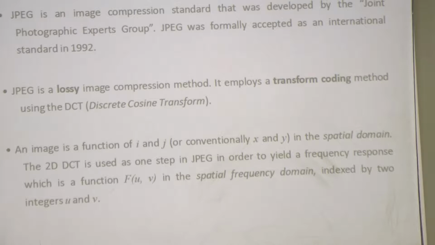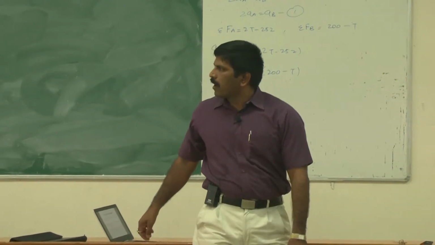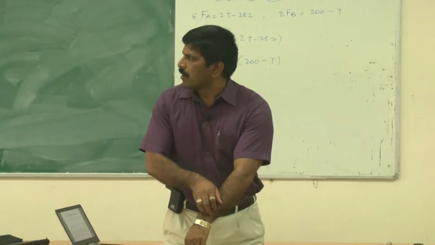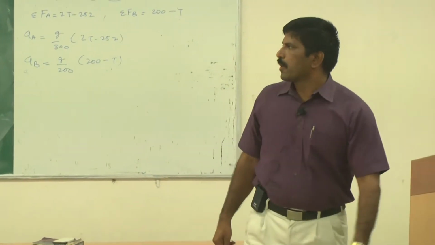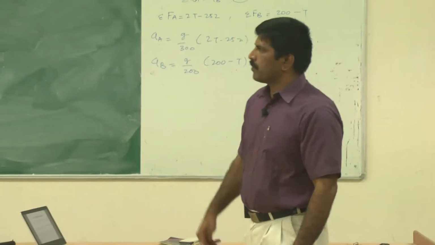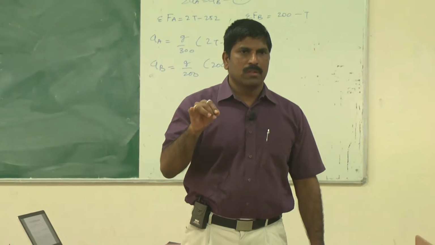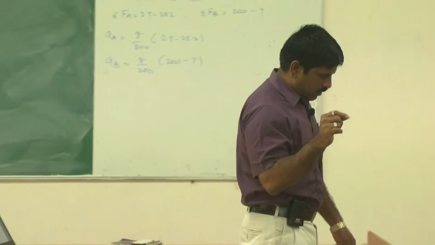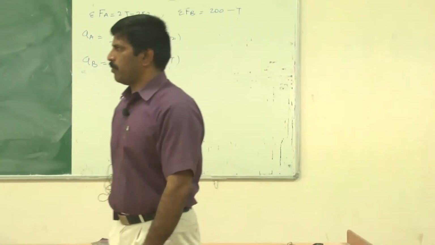It employs a transform coding method by using DCT. An image is a function of i and j, f of i comma j, where i and j are nothing but the spatial coordinates of that image, and the value at that coordinate is the intensity of that image.